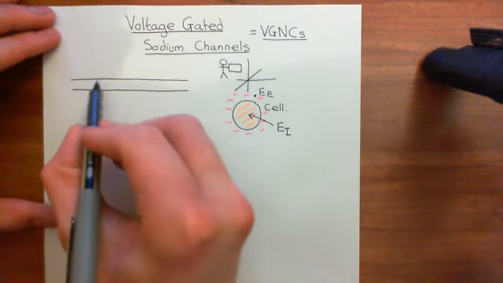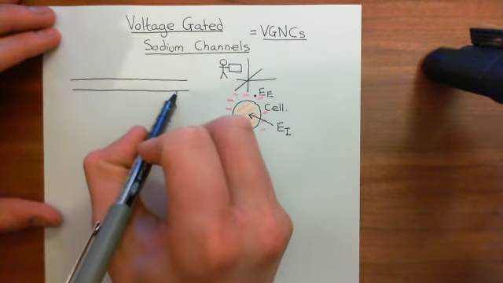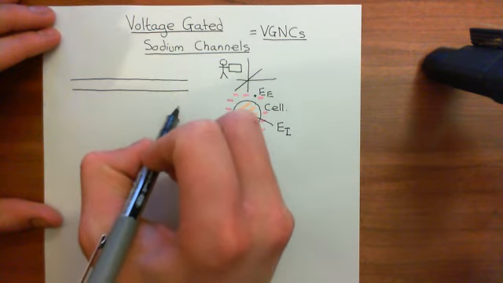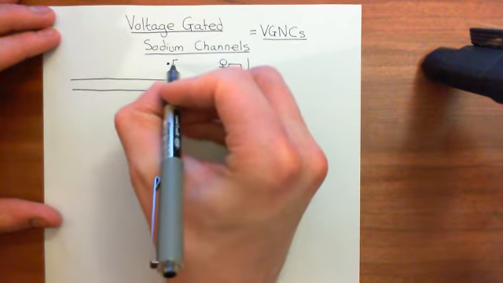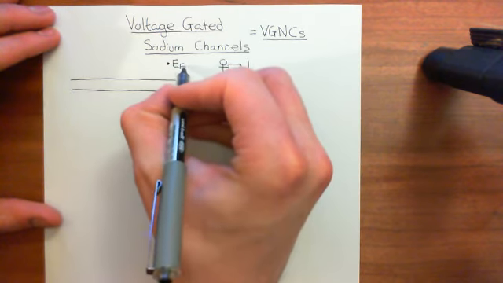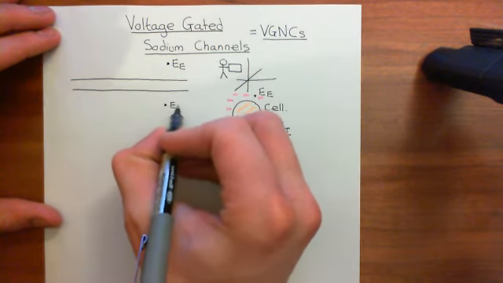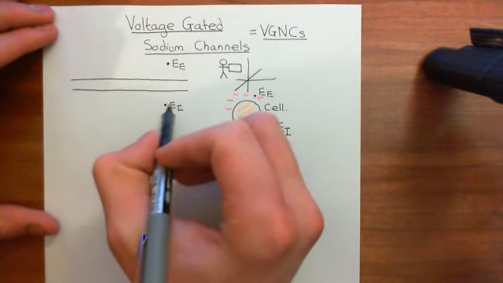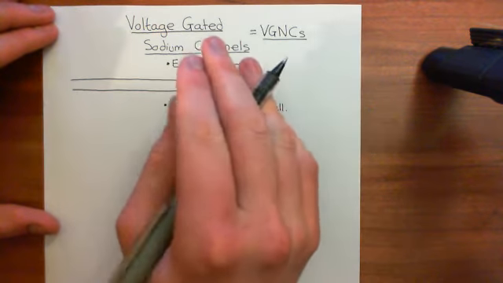Now, to transfer that onto this diagram, this is supposed to represent the phospholipid bilayer of the cell membrane. This is the extracellular compartment, this is the intracellular compartment. So we have some electrical potential of the extracellular compartment, and we also have an electrical potential of the intracellular compartment. These two numbers are not necessarily the same thing. In fact, in most cells, they are not the same thing.